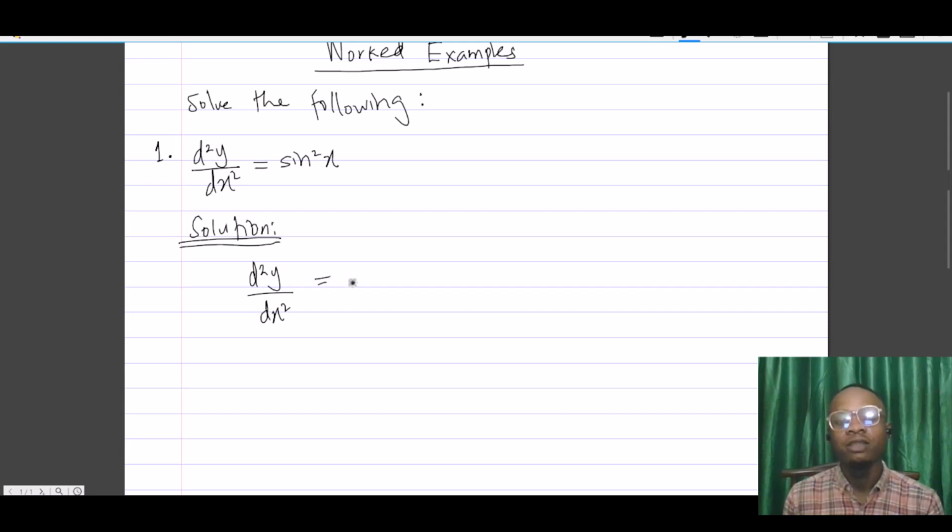recognizing that this is the derivative of dy/dx. So if we use some expression to represent dy/dx, that means the derivative of dy/dx is sine squared x.